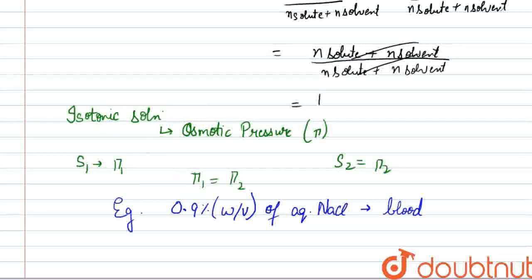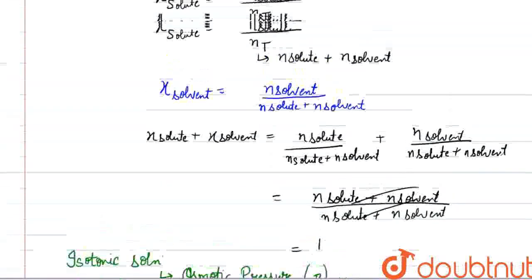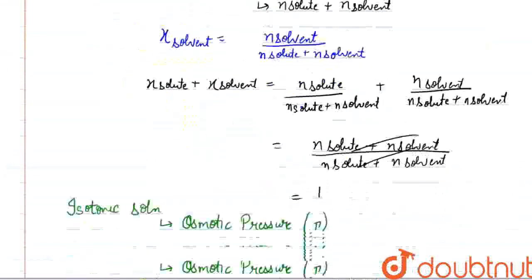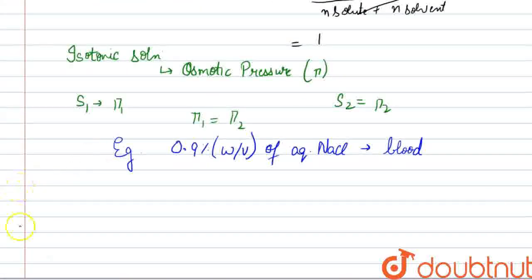Now we come to the third term, that is the van't Hoff factor. Now what is this factor? We discussed that colligative properties are the properties that depend on the number of moles.